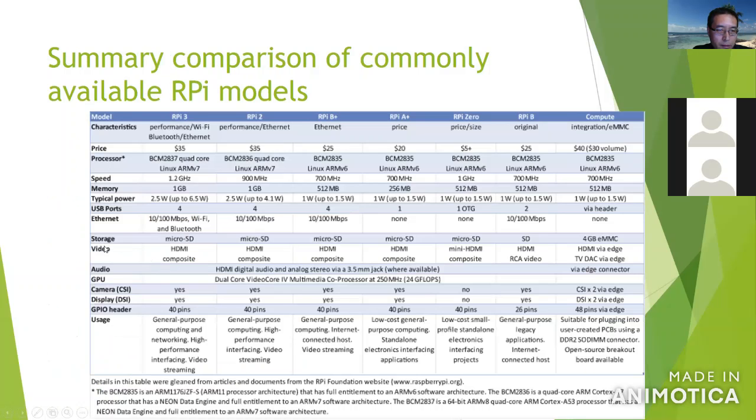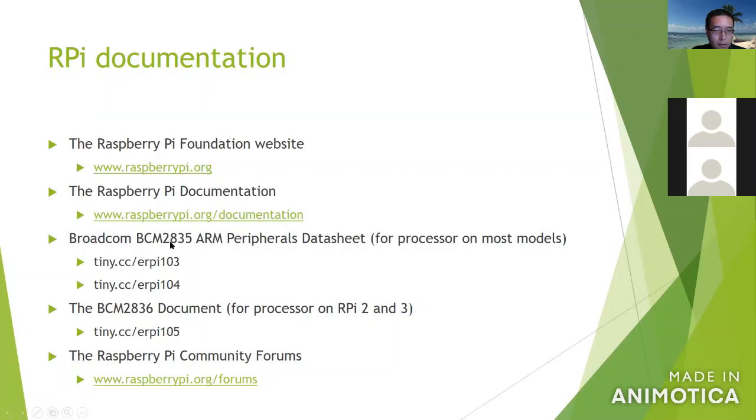Broadcom. This actually is the chip for the Raspberry Pi. In fact, BCM2835 is for the Pi 0, and 2836 is for Pi 2 or Pi 3.